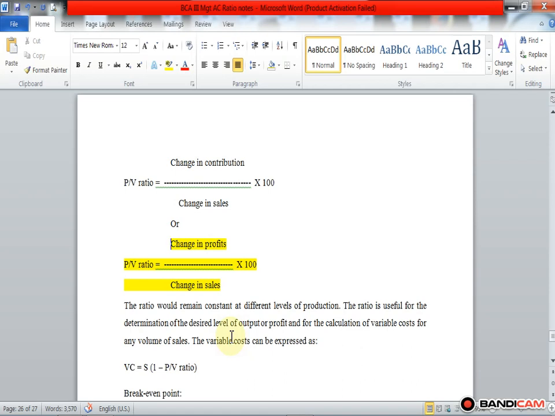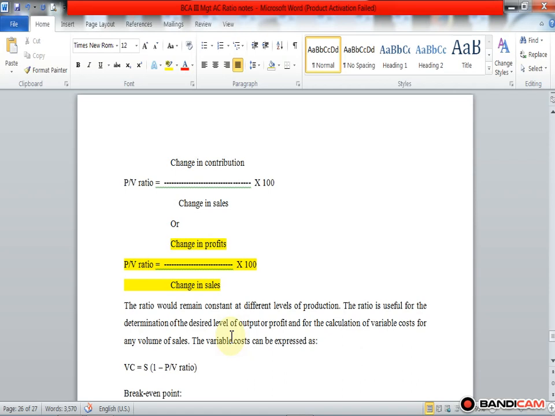The ratio is useful for determining the desired level of output or profit, and for calculating variable cost for any volume of sales. Variable cost can be expressed as sales into 1 minus PV ratio.